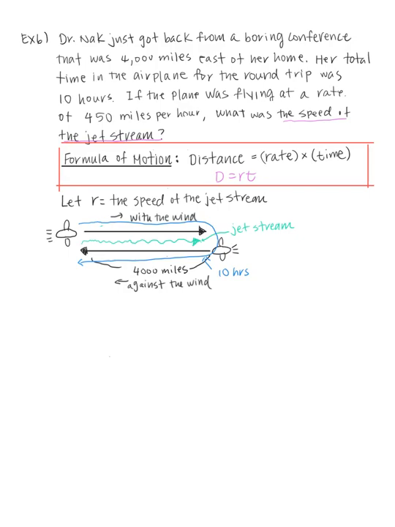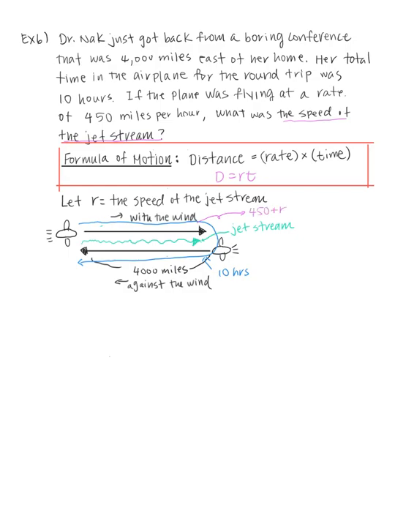Now, when the plane flies with the wind, it increases its speed. Well, how much faster? Since the plane is flying at the rate of 450 miles per hour, on the way with the wind, you're going 450 plus the speed of the jet stream. So the total rate is going to be 450 plus r. So let me write that out. So over here, we're gonna have 450 and then plus r.